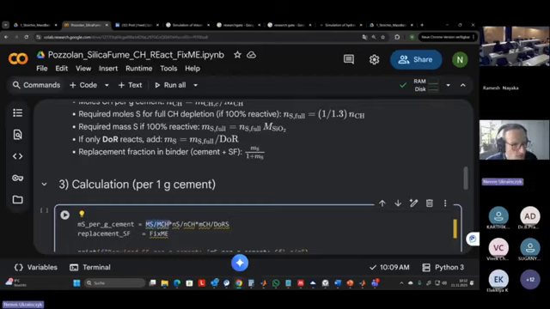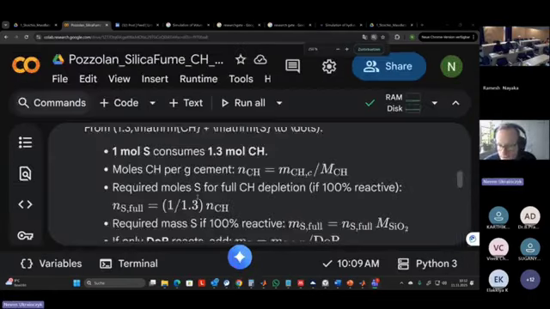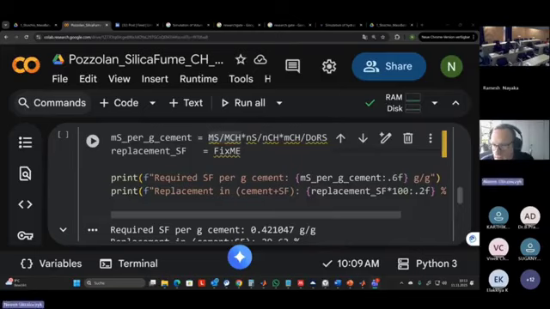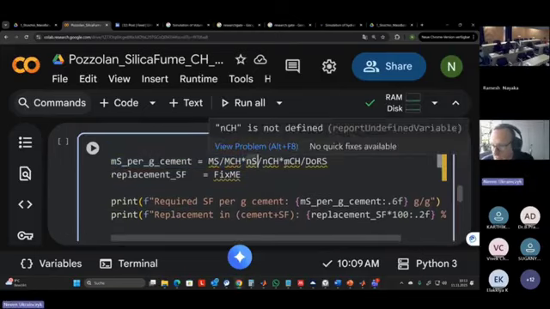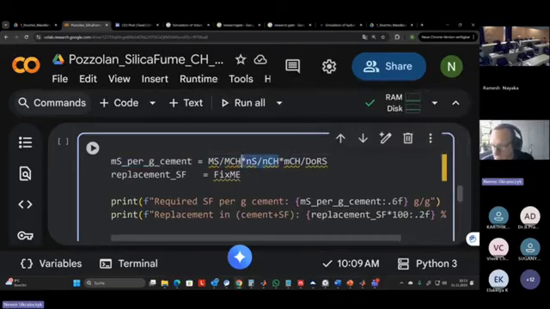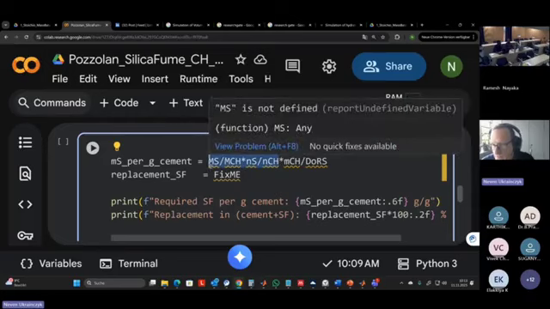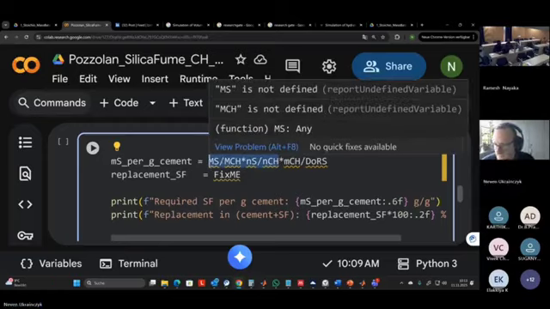Now let's take this. Or did you manage to type? So it's the ratio of the molar masses, silica fume to portlandite, ratio of the stoichiometric coefficients, and then we get the stoichiometric amount of silica fume per gram of portlandite just by doing the ratio of the molar masses and stoichiometric coefficients.